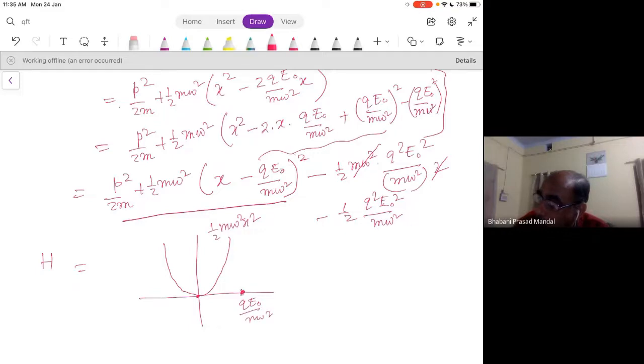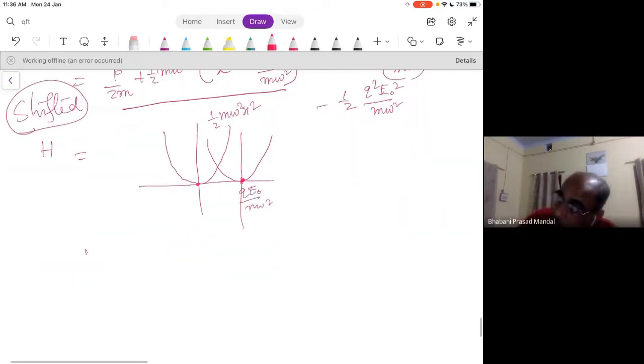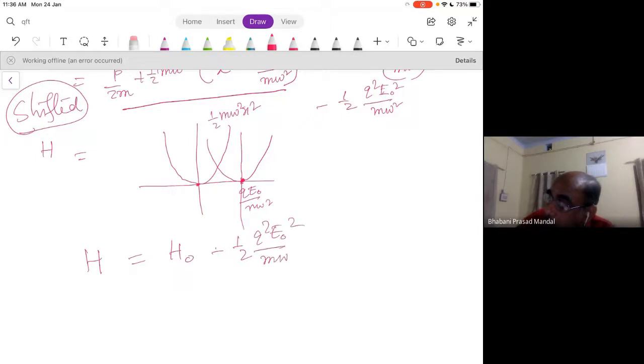So this kind of oscillator is called a shifted oscillator. The point around which it oscillates is shifted. But quantum mechanically, the energy eigenvalues and eigenfunctions will be the same apart from this shifting. Okay, but this new Hamiltonian is now a new H0 minus half q square E0 square by m omega square.